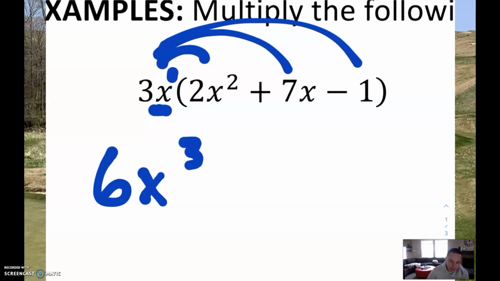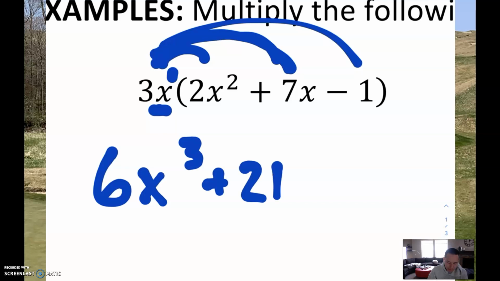Let's move on to the next one. If I take 3x times 7x, now we're multiplying this middle one. 3 times 7 is 21. And if I have x to the first times another x to the first, 1 and 1 is 2. So that becomes x squared. Anytime you have x times x, it's x squared.